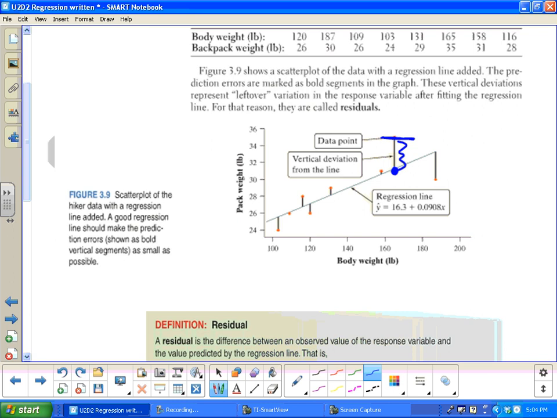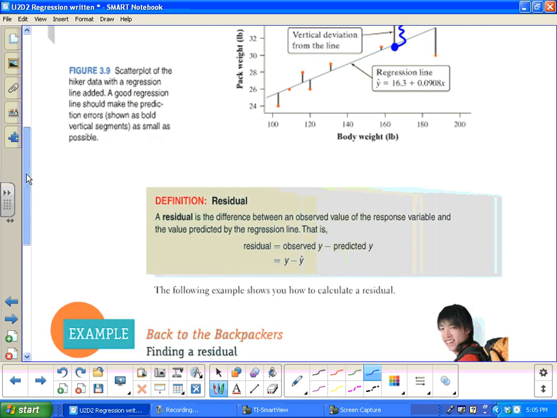So remember, you have one residual for each data point, and it is the y value that you're given, the data that you've actually collected, minus your predicted y, which is y hat.